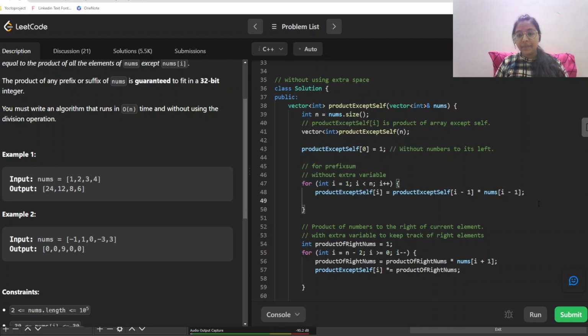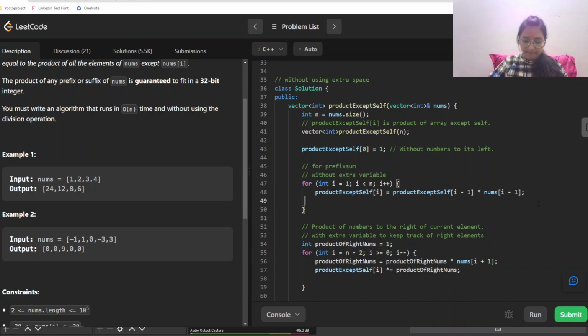Whatever was stored previously at i minus 1 would be stored here.